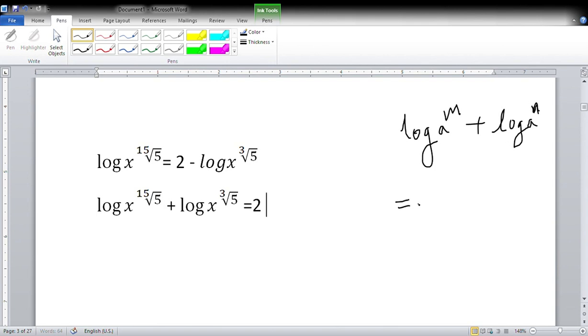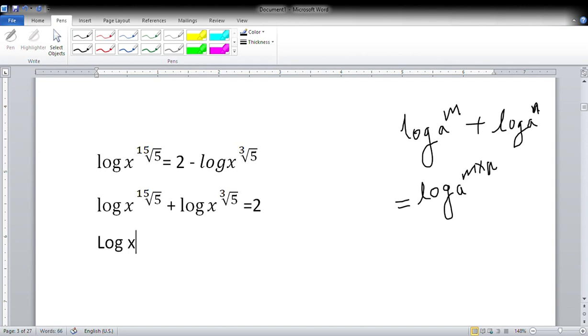Simply you can write it as log with the base a of m multiplied by n. The same thing is happening here.